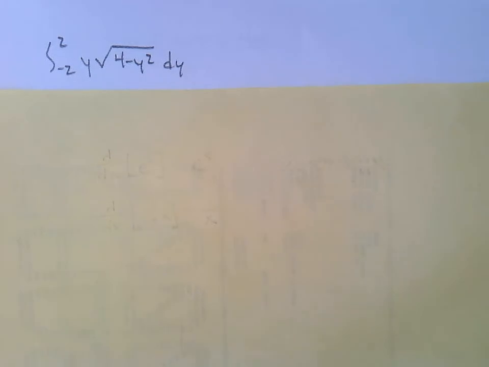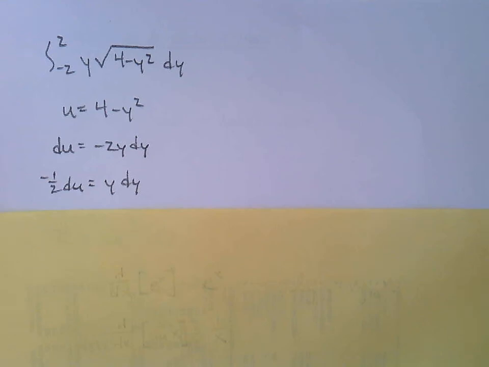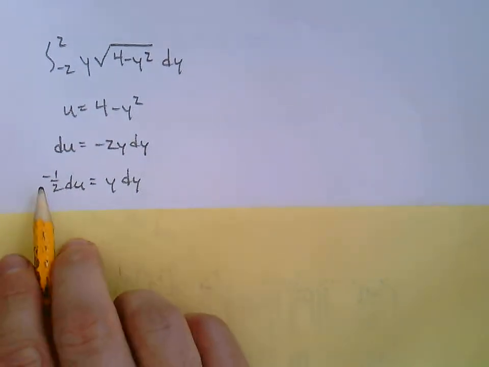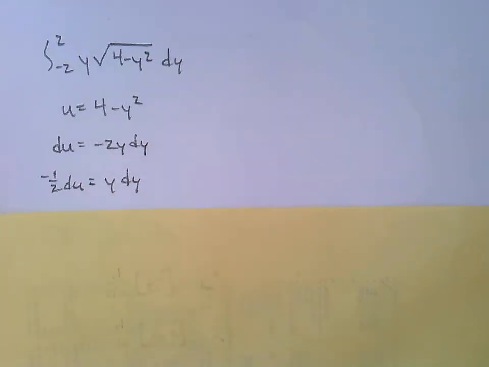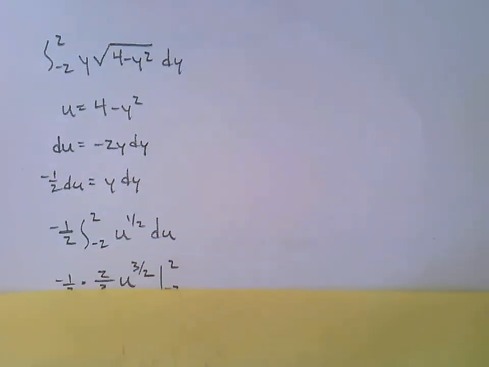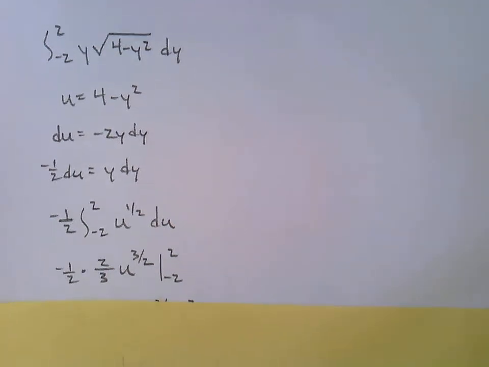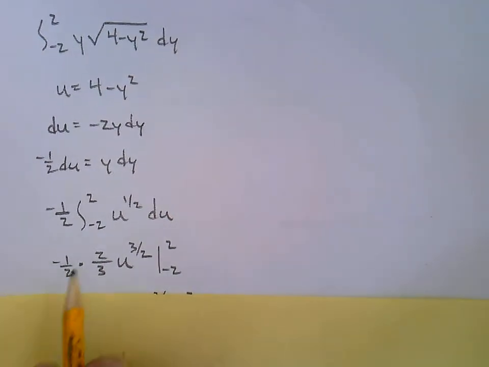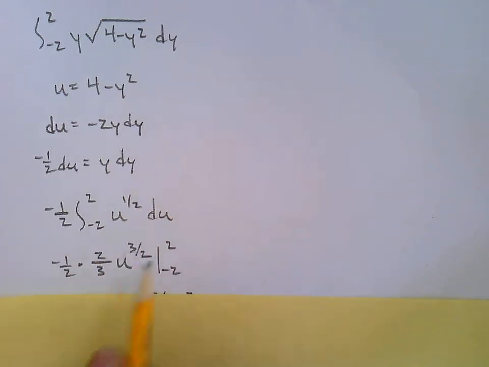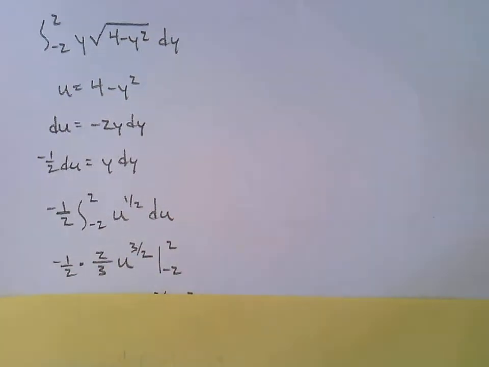Okay, we've got a u sub. Right, u equals 4 minus y squared. I might not even read line by line. There's our du, and then isolating the y dy, putting it all in there. Okay. U to the 1/2, yeah. Okay, antiderivative 2/3 u to the 3/2.